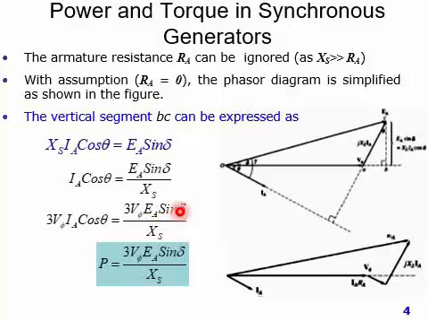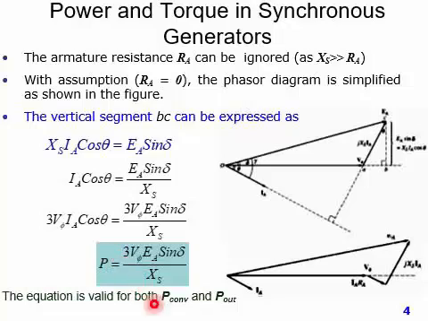So this can be written as the power, as described earlier. But this power would be equal to P out as well as P converted, because in this case we are not considering Ra.